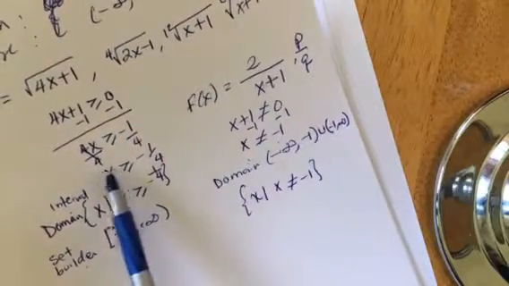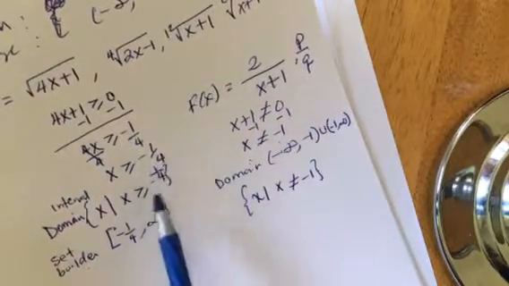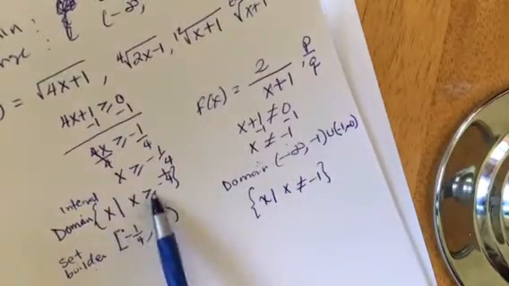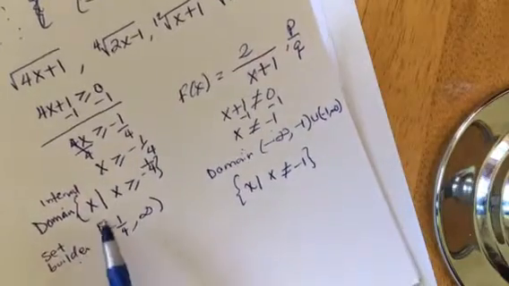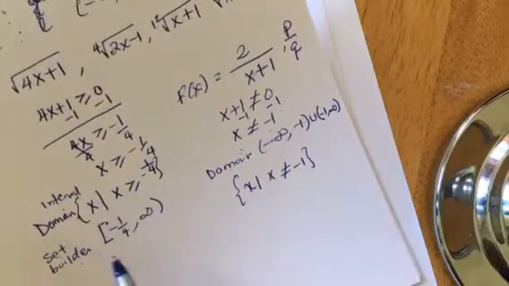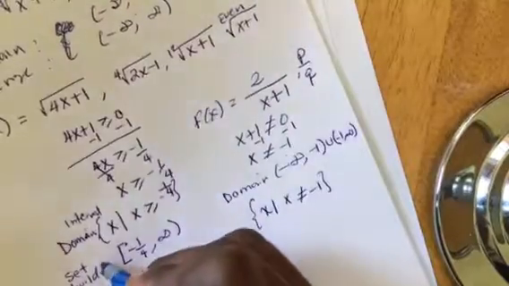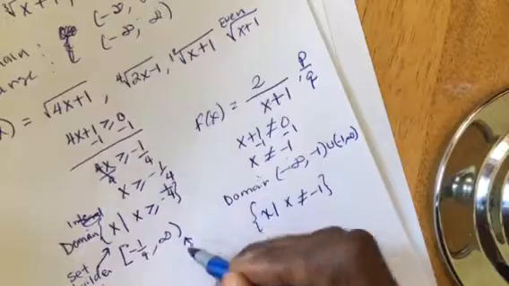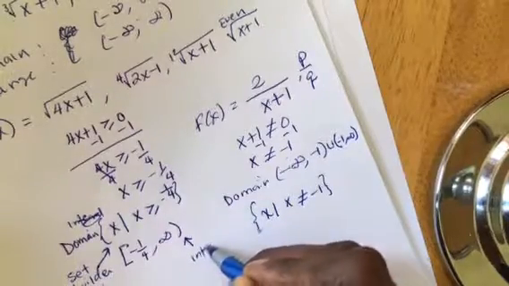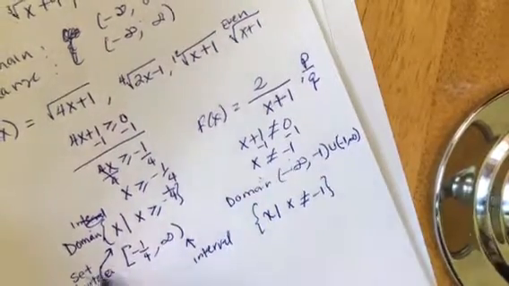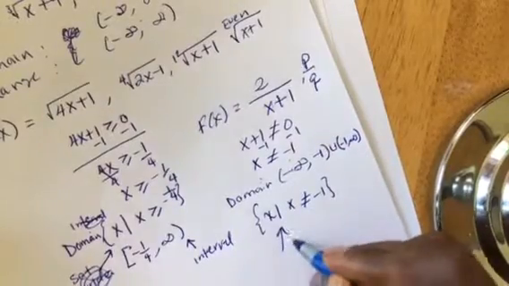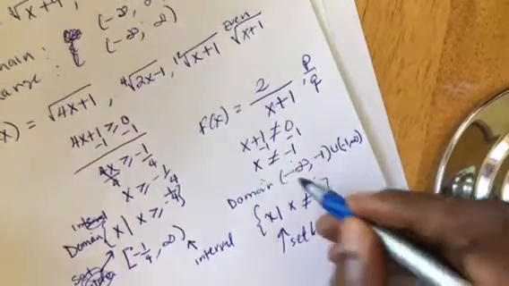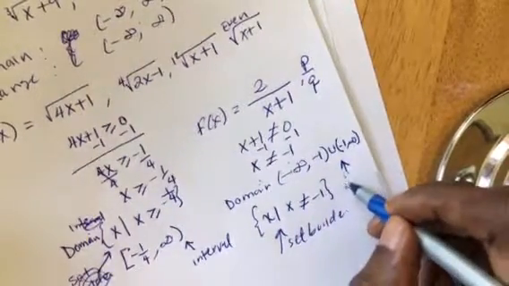This is algebraic form. So x will be less than or greater than whatever it might be, and that would be your domain. And when you write the answer, you can write it as set builder notation, and this is the interval notation.